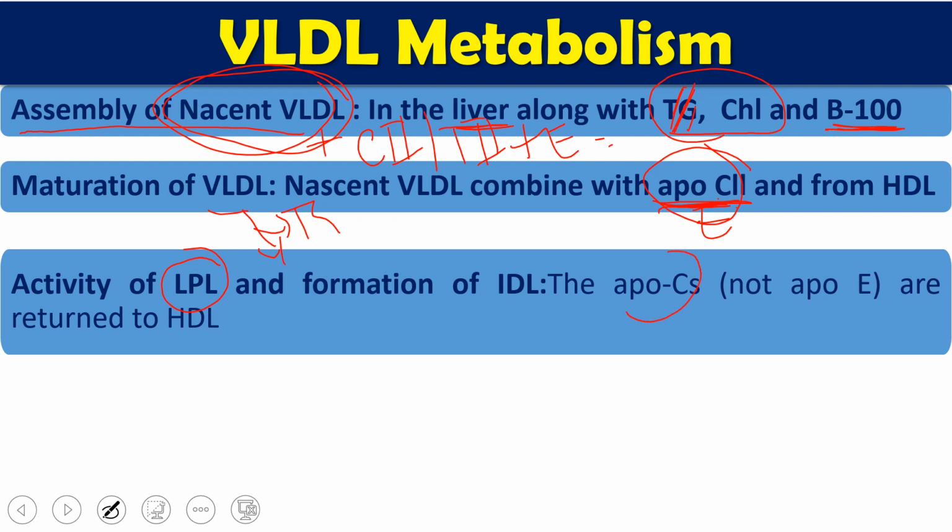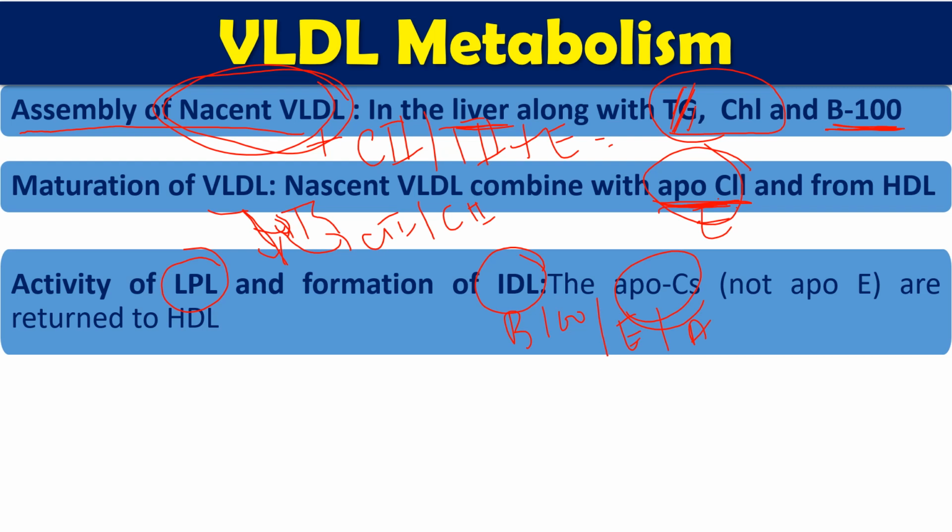So only C2 and C3 go back to the HDL. So mature VLDL minus TG minus C2 minus C3 is called intermediate density lipoprotein. Still it has B100, it has E, it has A1, A2, A4, plus it has cholesterol and some amount of triglyceride.